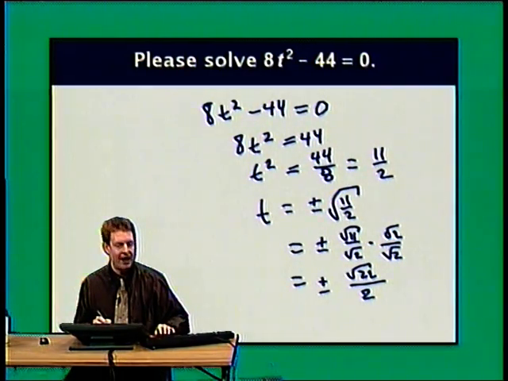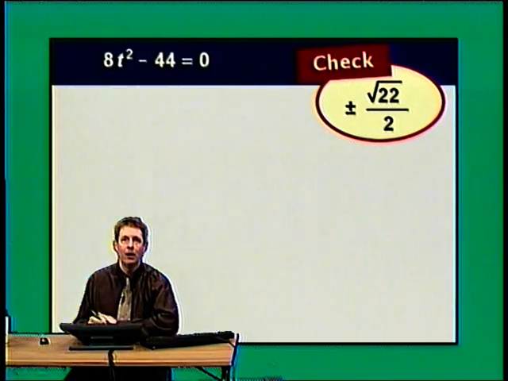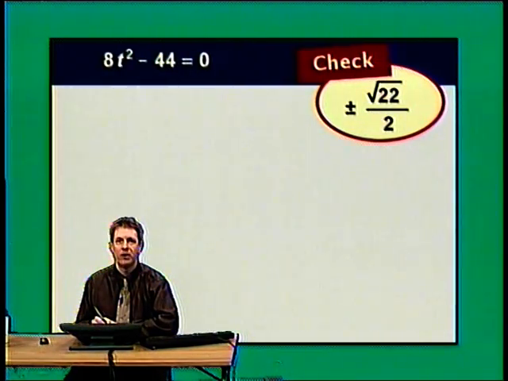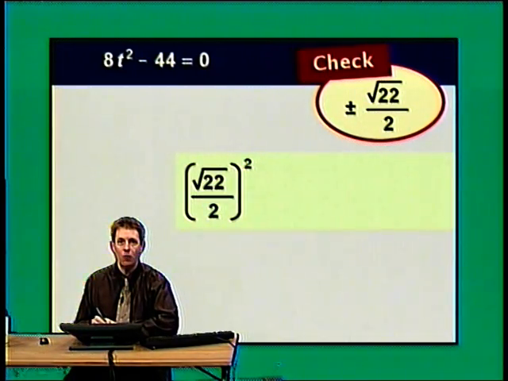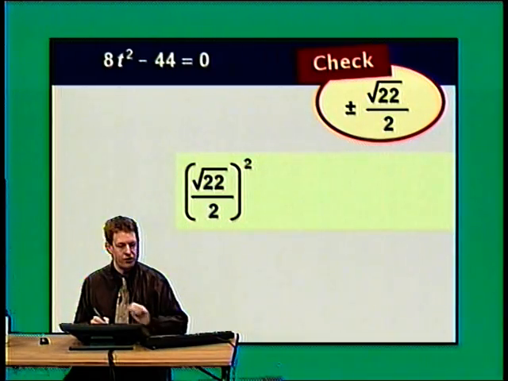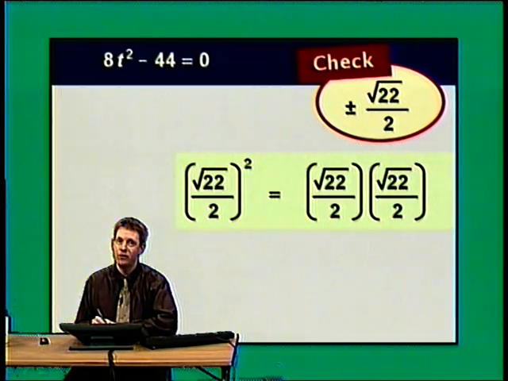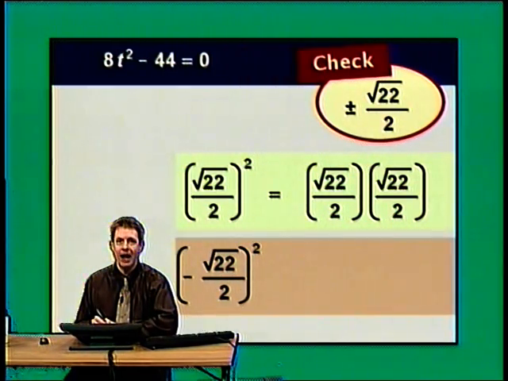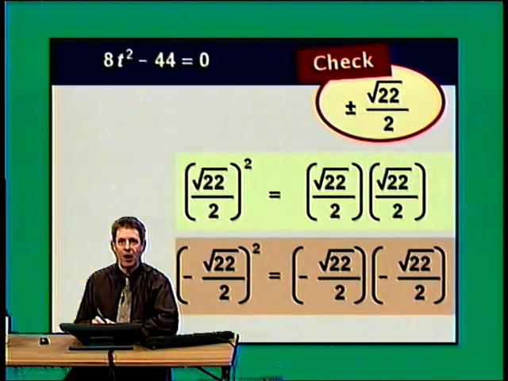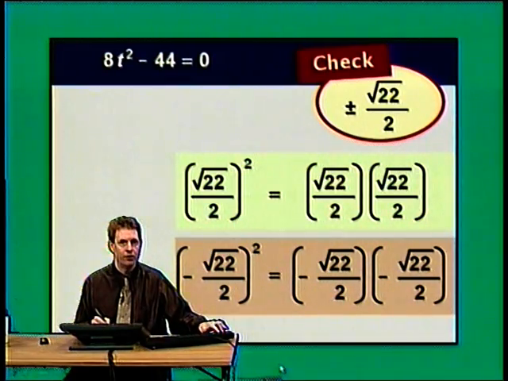So let's check our answers. Let's check plus or minus the square root of 22 over 2. This time, I can get a 2 for 1 check. When I square the square root of 22 over 2, that's the product of two factors of positive square root 22 over 2. When I square negative square root of 22 over 2, that's the product of two negative square roots of 22 over 2.